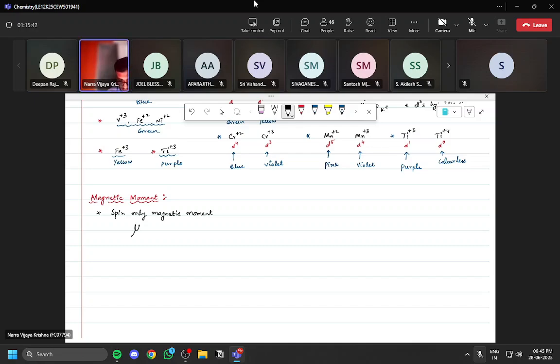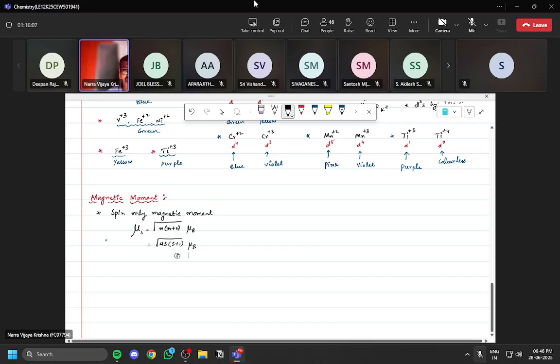Mu equal to root of n into n plus 2 mu B, where mu B means Bohr magneton. Or this can also be written as root of 4s into s plus 1.